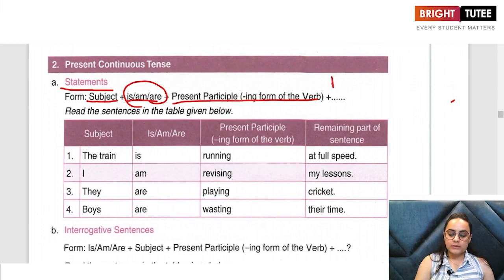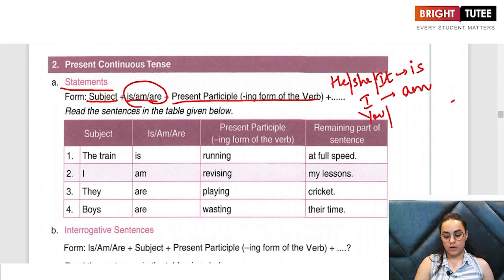We use is with singular pronouns or nouns such as he, she, and it. We use am with I, and with the plural pronouns or the plural nouns like you, we, they, we use are.